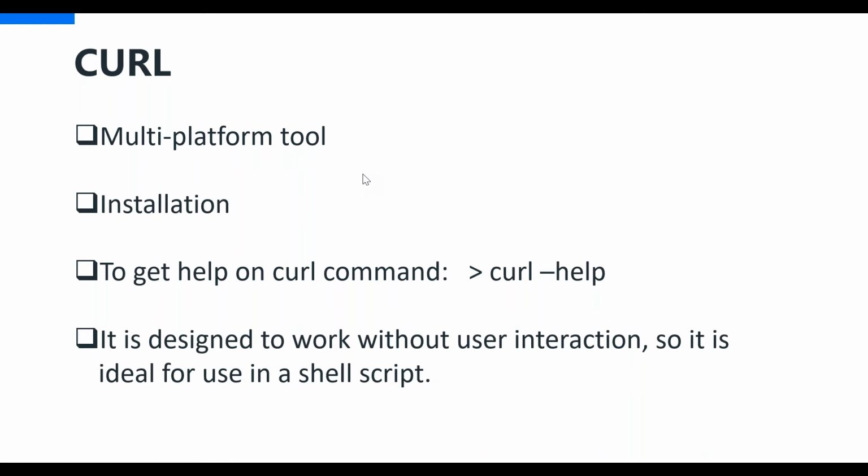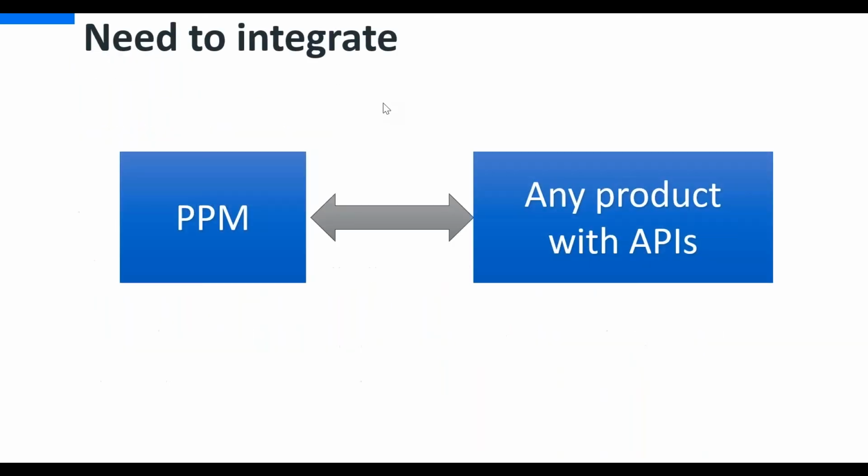So the next is, most of the enterprise organizations use many different products to fulfill their business requirements. When they have business data in different systems, there always arises a need to integrate these systems together to keep the data in sync across the systems.